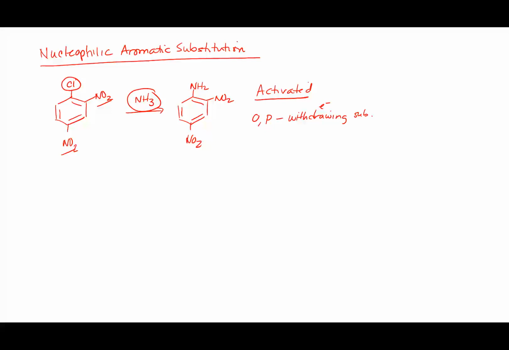So I can react this with NH3. I could also simply do this reaction with hydroxide, and if I did, I would end up substituting the Cl with an OH group.